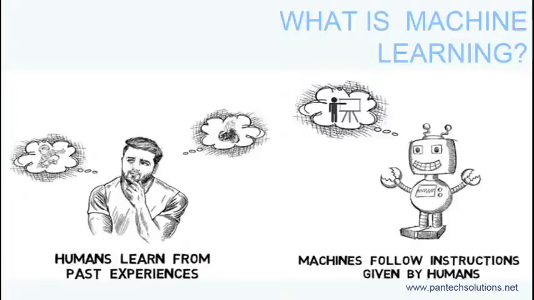So this is what machine learning is. If I ask one question, write a program to decide whether Sachin will play cricket or not, it's complicated. We can't write a program for whether Sachin will play cricket or not. At that time we use machine learning.